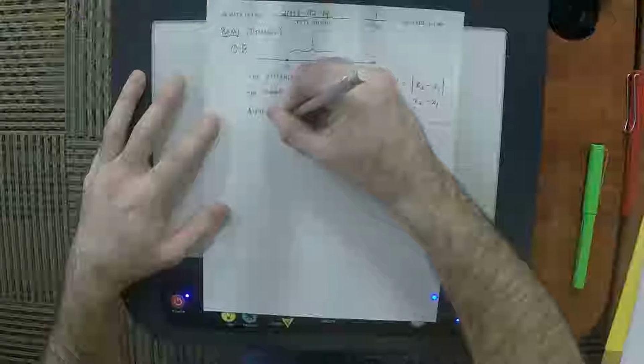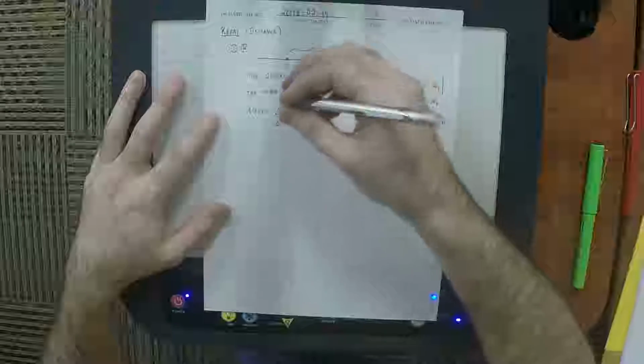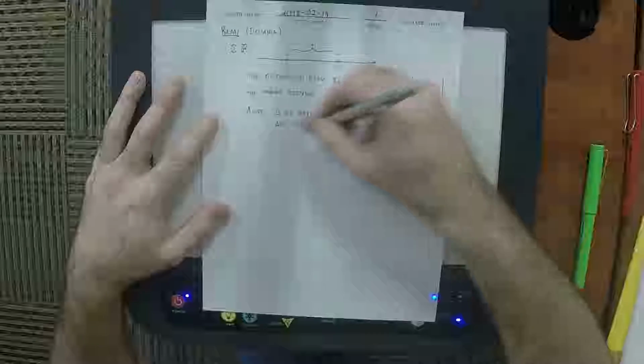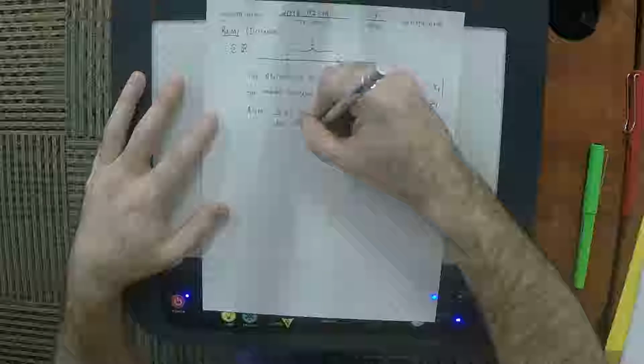Also, I want to be perfectly clear that delta x is a single object, which is to say a single item. So it is not delta multiplied by x.